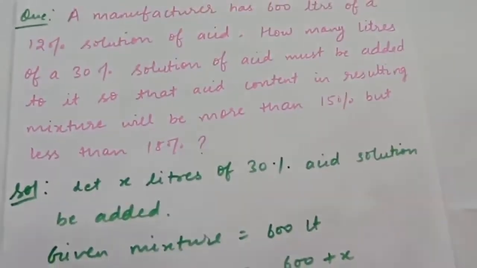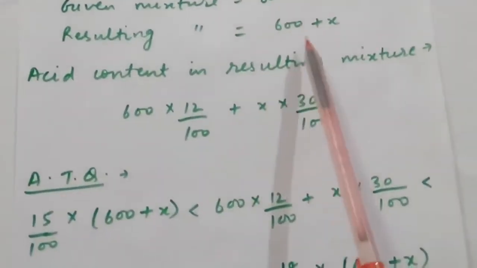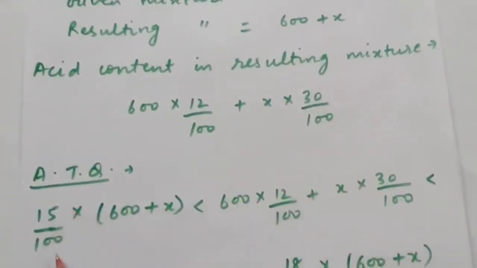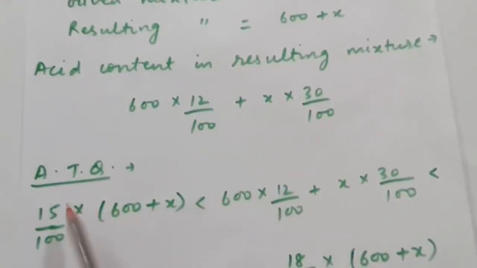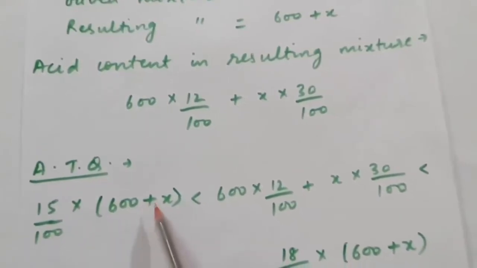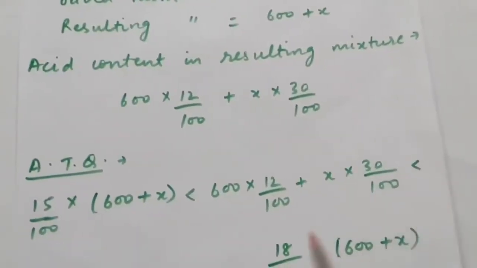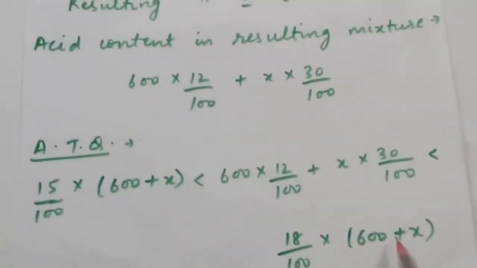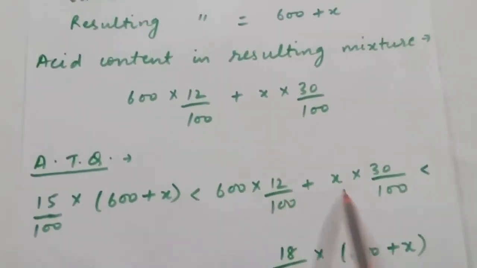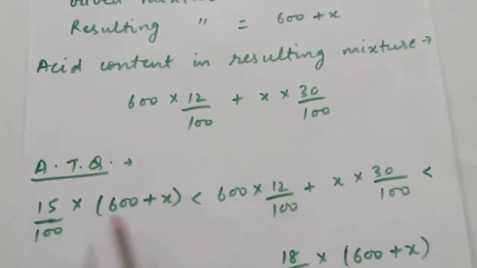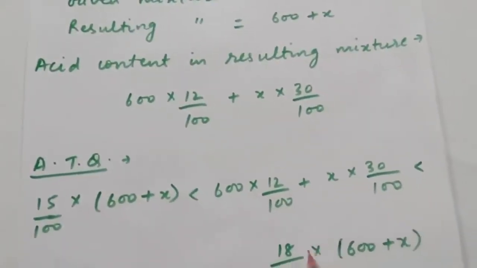Now we want the acid content to be more than 15%. So see, the resulting mixture is 600 plus X. The acid content in the resulting mixture is this, which will be greater than 15% of the resulting mixture and less than 18% of the resulting mixture, right? Clear? The resulting mixture acid content is this, which we want greater than 15% and less than 18%.